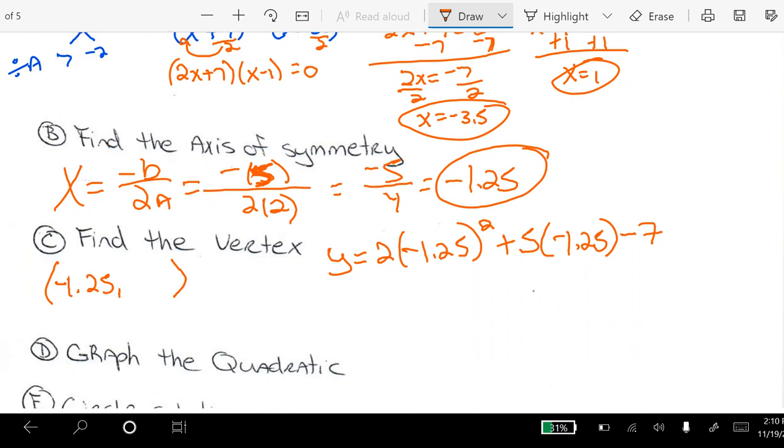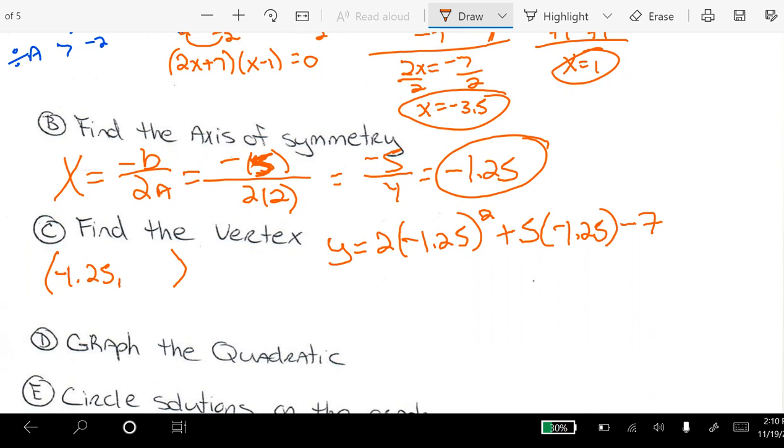And then I go ahead and do that math. Again, I can key the whole thing in at once into my calculator to ensure I don't have any issues with my negatives. All right. So I get y equals negative 10.125. So this is going to be my vertex.